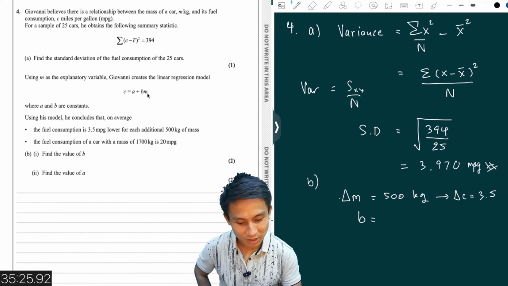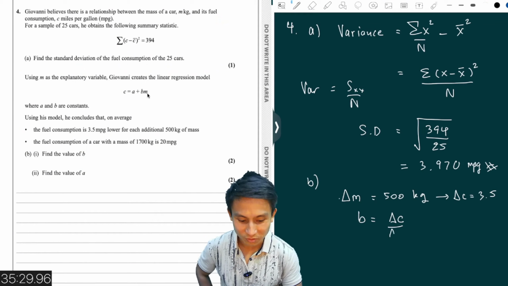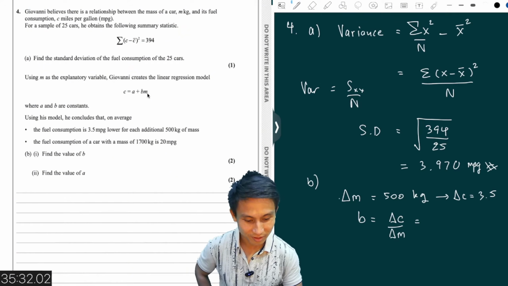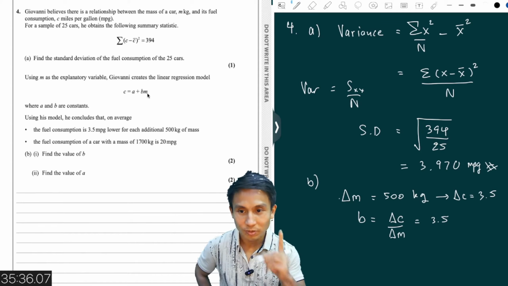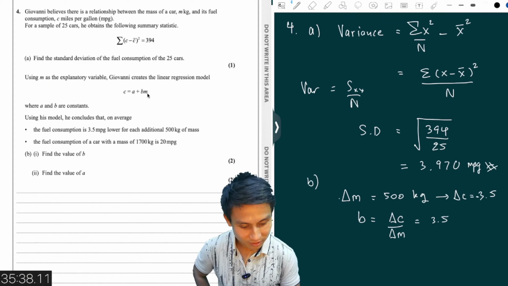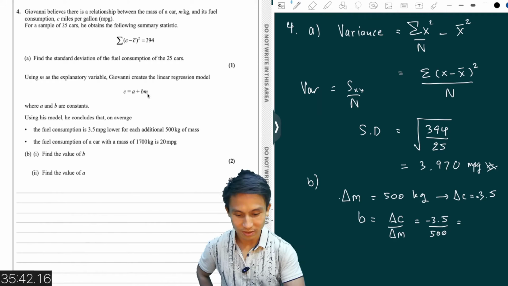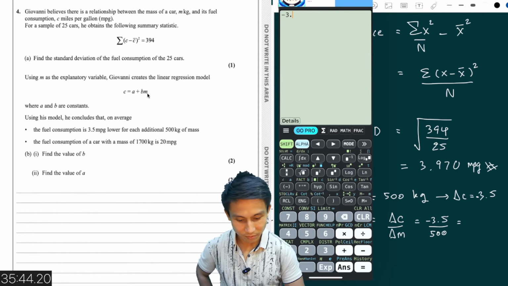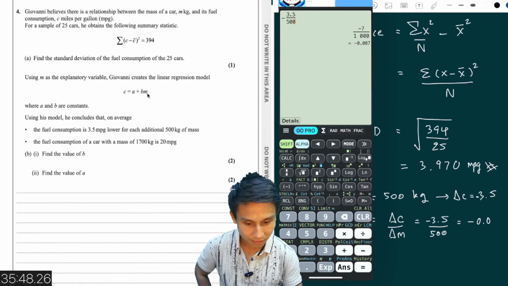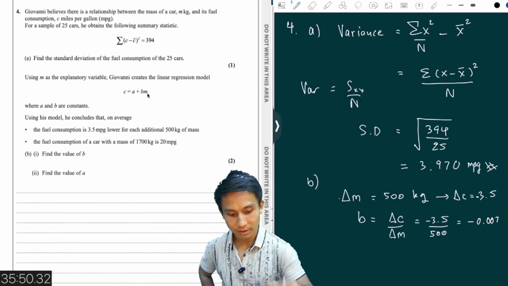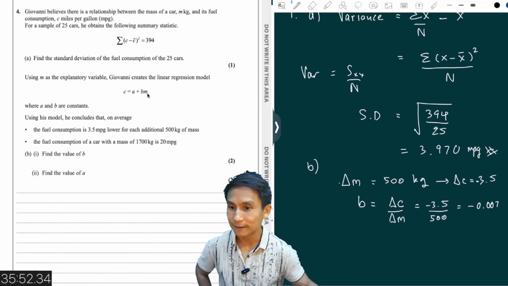So b, which is the gradient, is basically delta y, which is delta c, over delta x, which is delta m. Gotta be careful there. But it's lower, so we gotta be careful. This is lower, so minus there. That's the gradient: minus 3.5 divided by 500, minus 0.007.